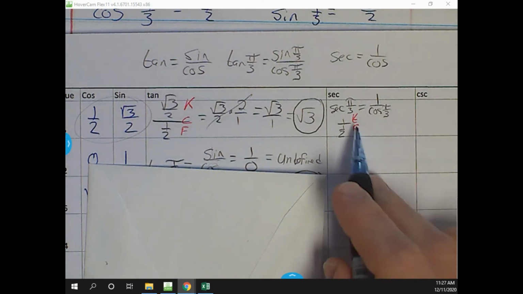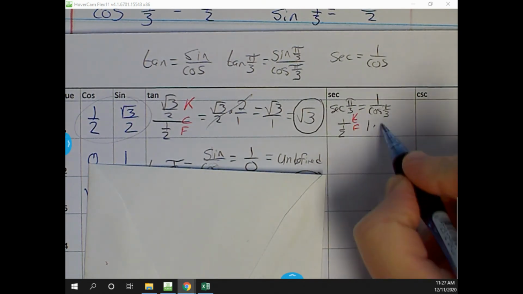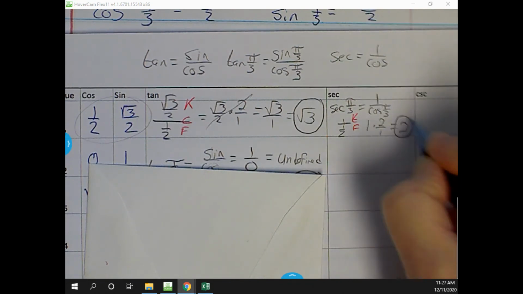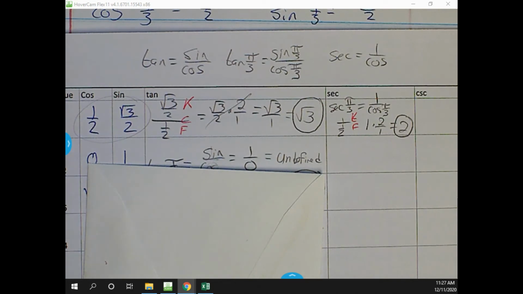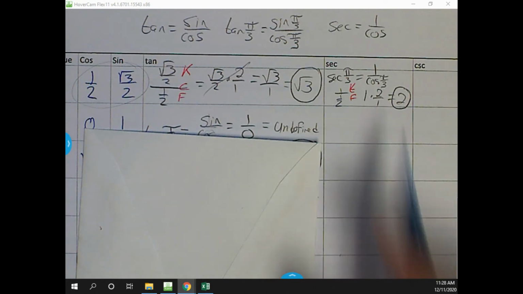The good news is that the first part's always 1. Change the division to multiplication, you flip this upside down, it's 2 over 1. So that's just 1 times 2, which is just 2. Do you need to write all that out? If it's just a number like that, not really. This is just me showing you the steps on it, but obviously once you get here, you can shorten this thing up a lot.